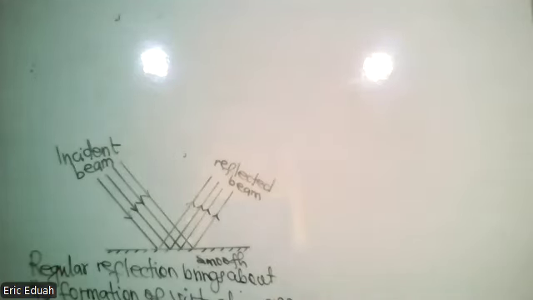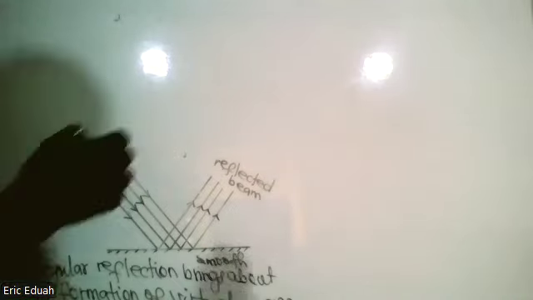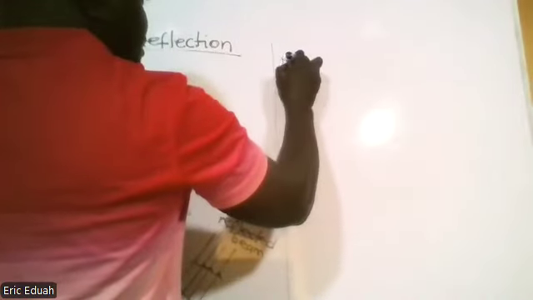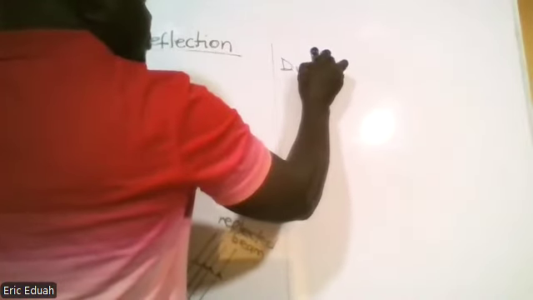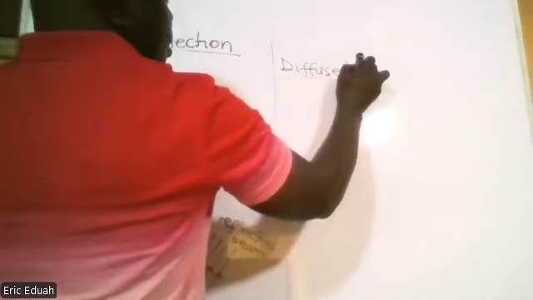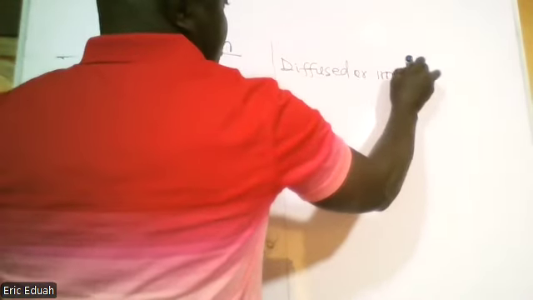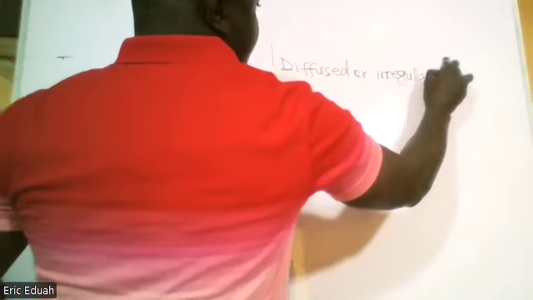Okay. Now, irregular or diffused reflection. The other type is diffused or irregular reflection.